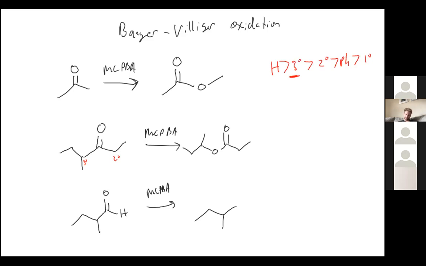What am I doing? Oh, sorry. Making carboxylic acid here. And then one of the more interesting ones is that we can use this to make esters on aromatic rings. So we listed phenyl here.